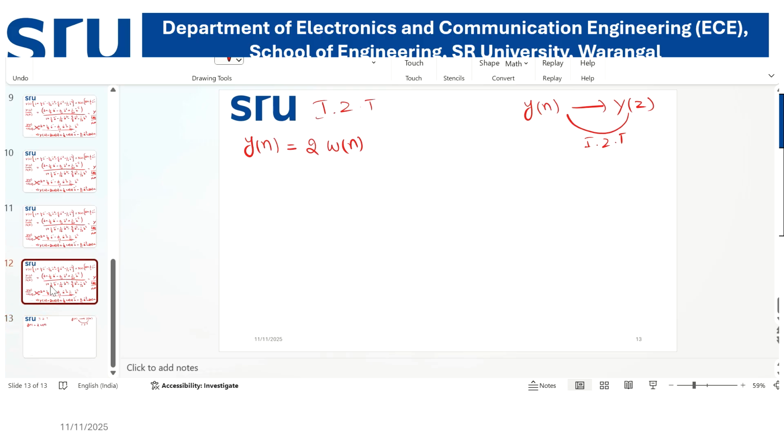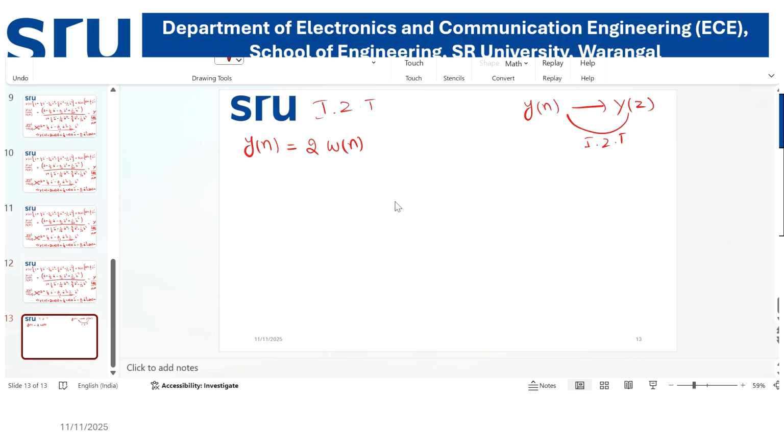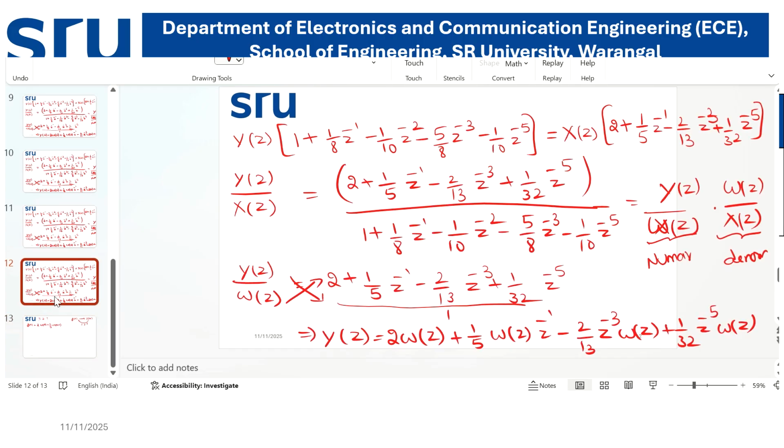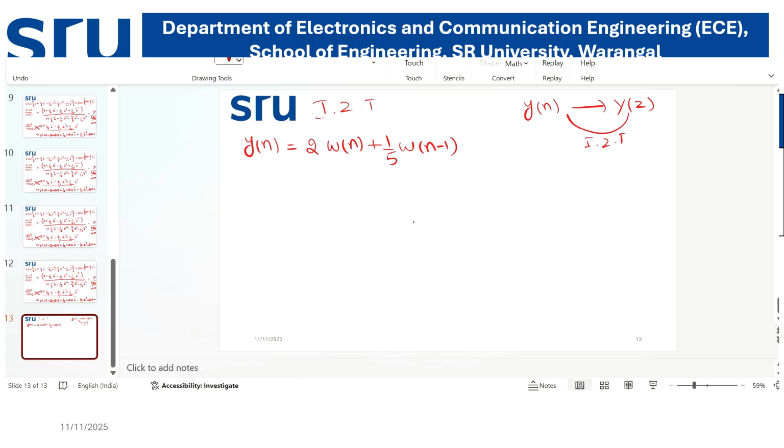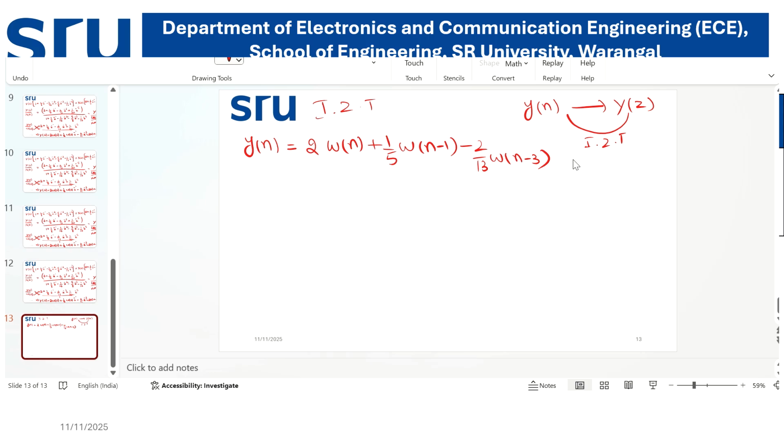Next, we have 1/5 into w(n-1), then minus 2/13 w(n-3), and in the last term 1/32 w(n-5). So give it as equation number 2.